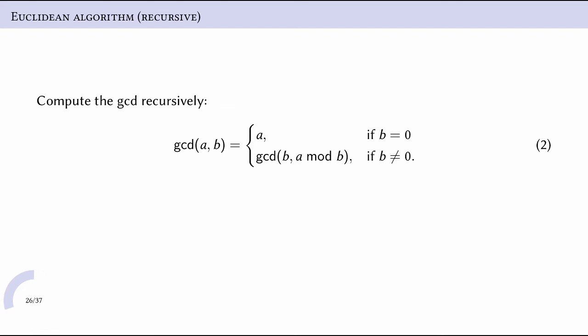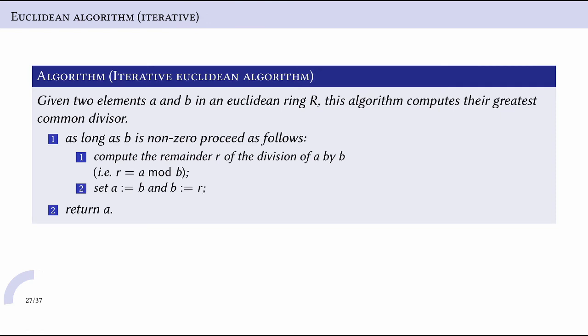So for the greatest common divisor of two elements, we start with b, and as long as b is non-zero, we just replace a by b and b by the remainder. That's all, and this is exactly the function that we have now.